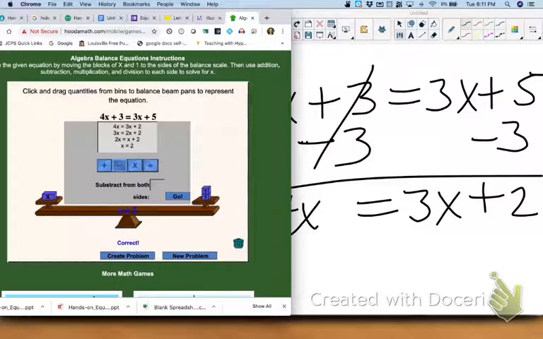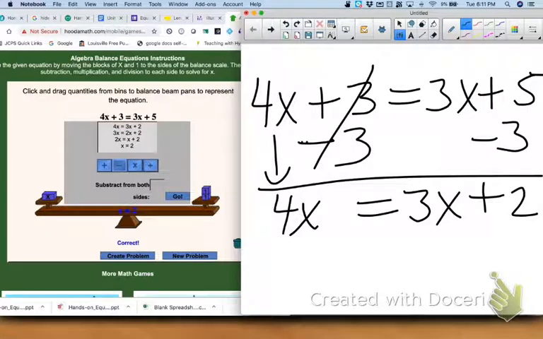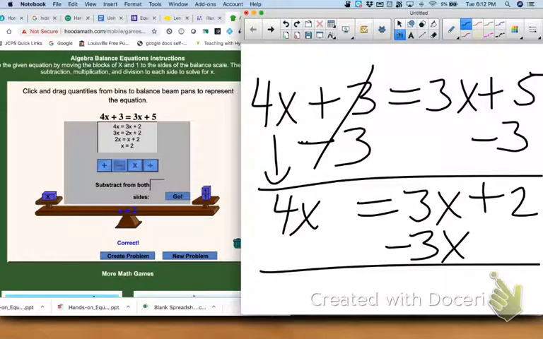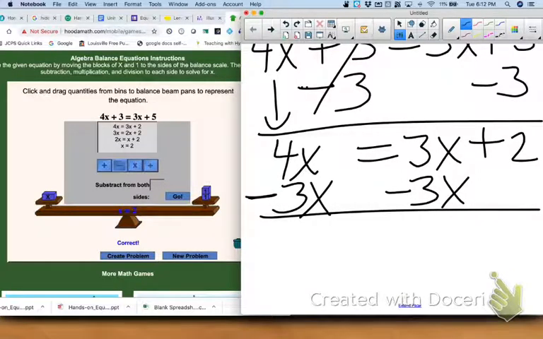I'm going to go over to my recording sheet. I subtracted 3 x's, which means I need to subtract 3 x's from the other side. So that one's going to cancel.